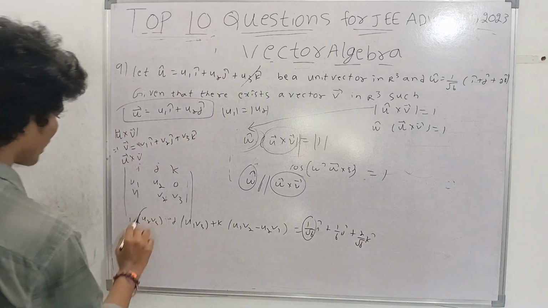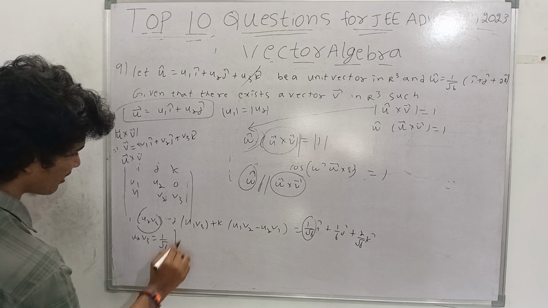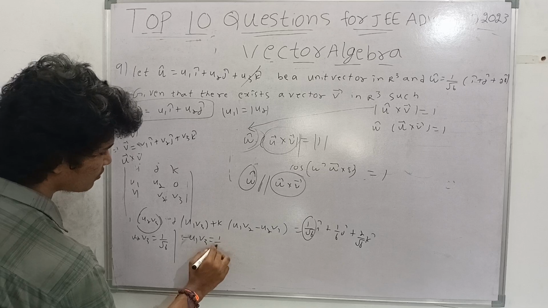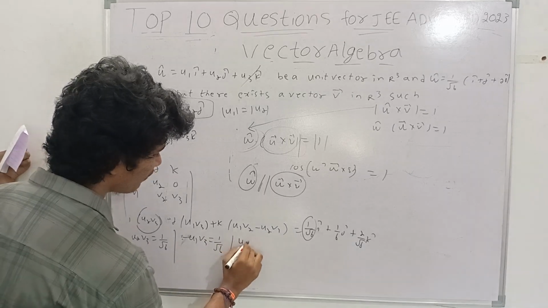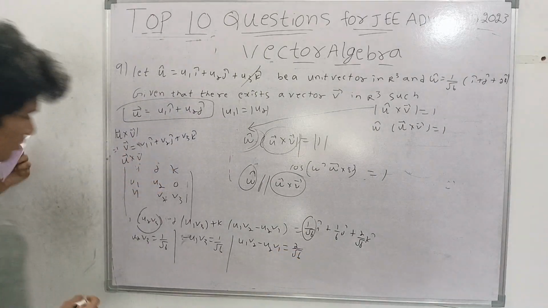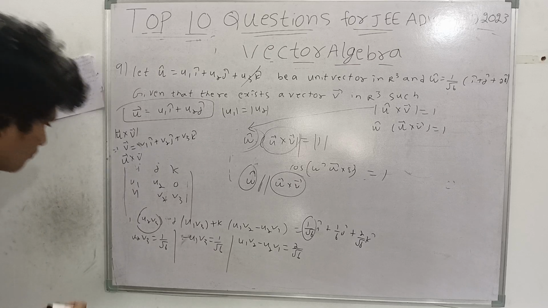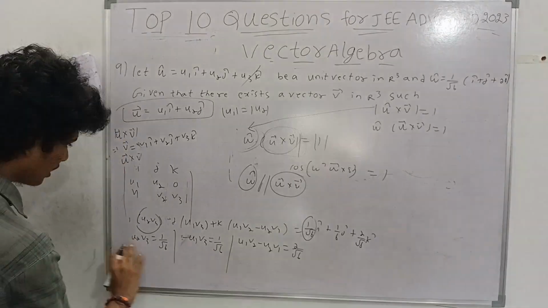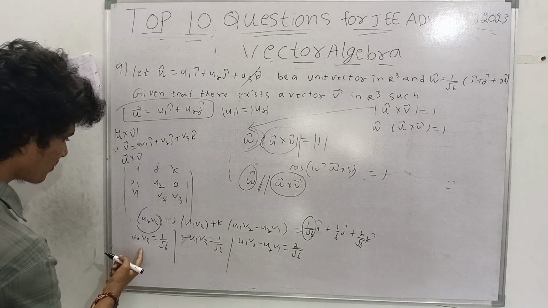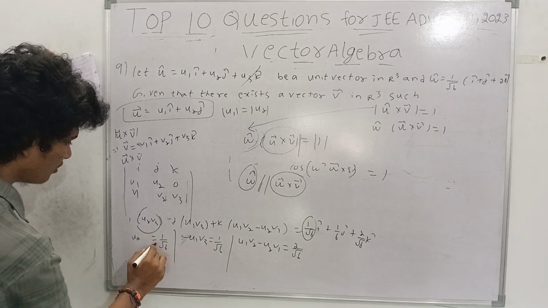By comparing these things we can easily get u2 v3 equal to 1 by root 6, and minus u1 v3 equal to 1 by root 6, and u1 v2 minus u2 v1 equal to 2 by root 6. Now we have to do one thing. Here we can take v3 downside, here also v3 downside.